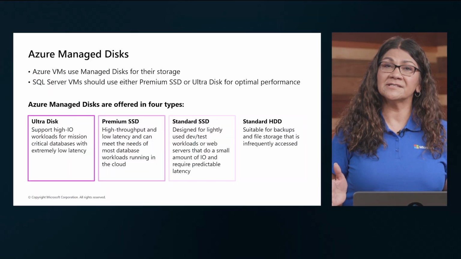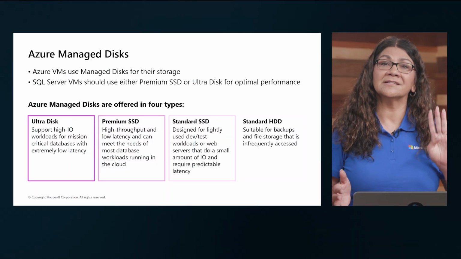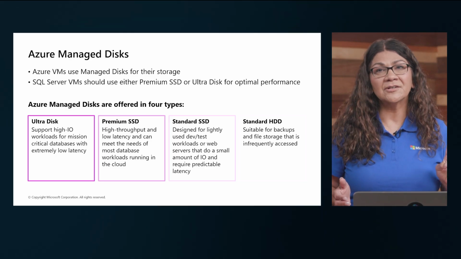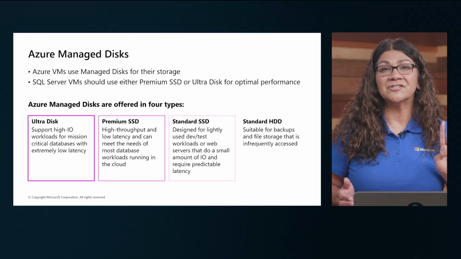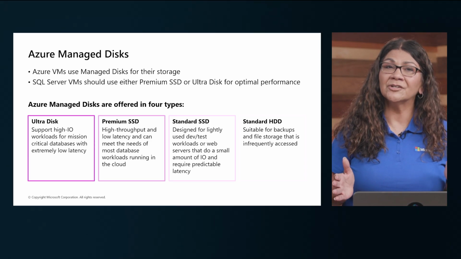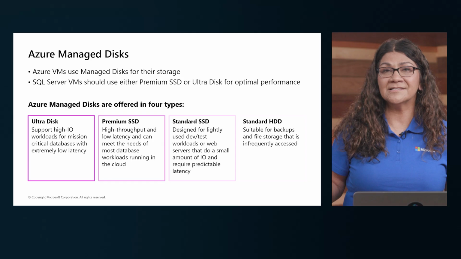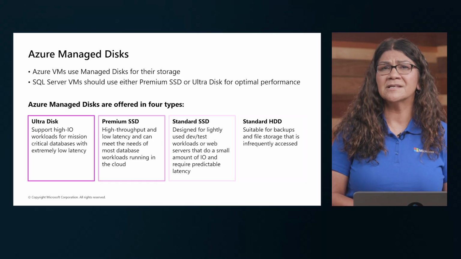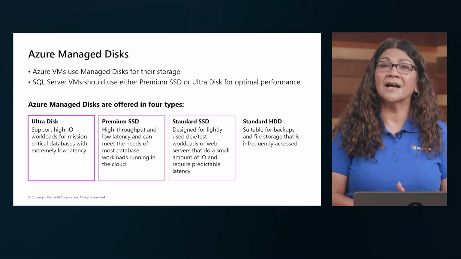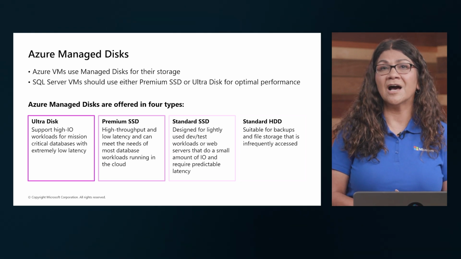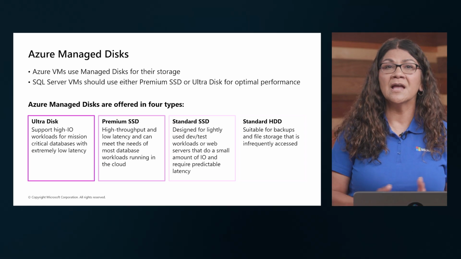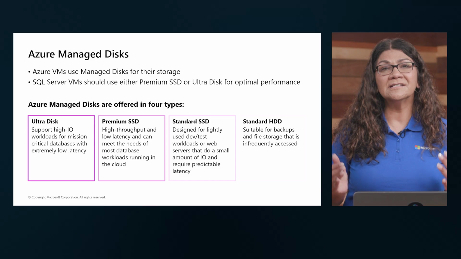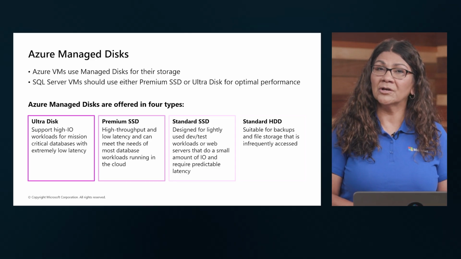Azure Managed Disks offer 4 disk types: Ultra Disk, Premium SSD, Standard SSD, and Standard HDD. Each is tailored to different performance and cost needs for Azure VMs, especially SQL Server workloads. Ultra disks are designed for mission-critical databases offering configurable IOPS and throughput with extremely low latency, and it's ideal for high I/O workloads.